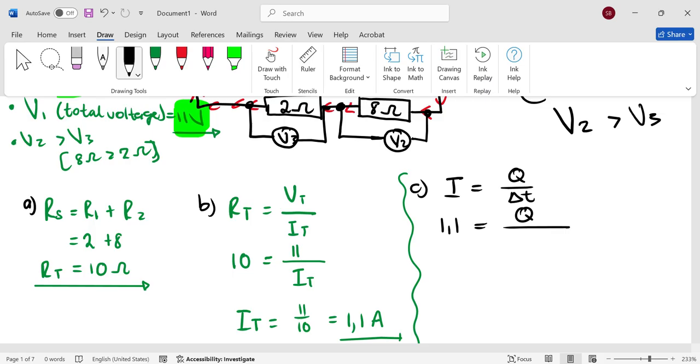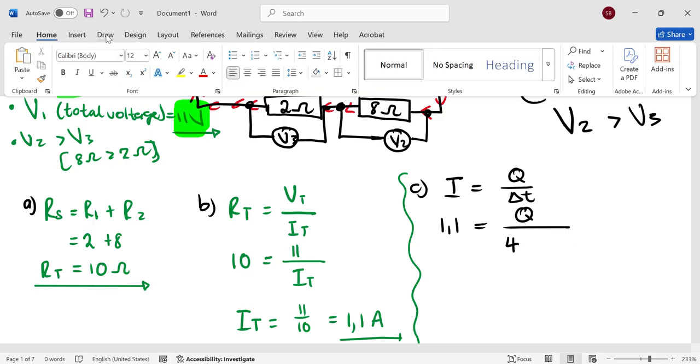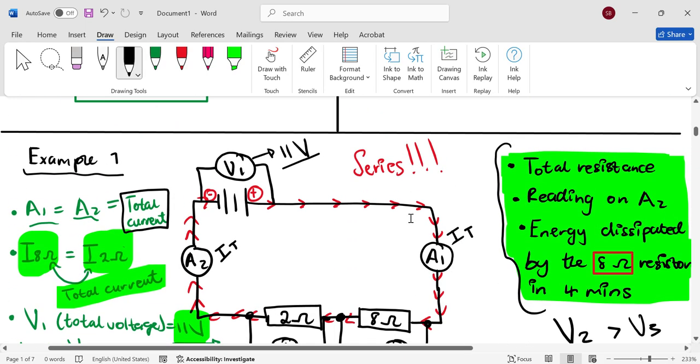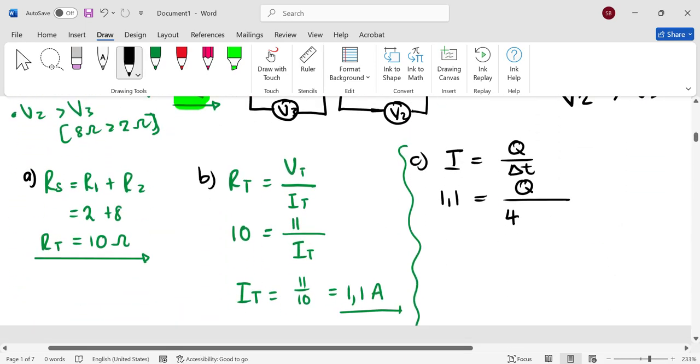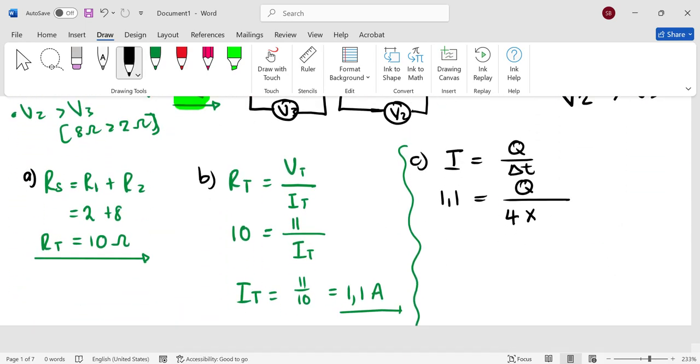So that's 1.1. And what exactly is my time? I was given 4 minutes, right? So how do I convert minutes to seconds? Remember, time in physics must be in seconds. I multiply by 60 because in a single minute I have 60 seconds. Therefore, what is the charge?